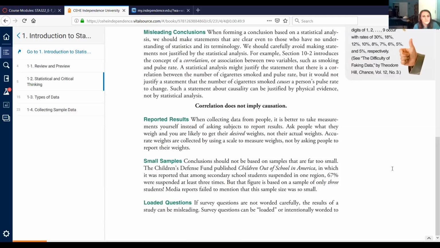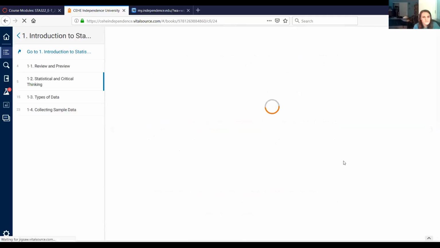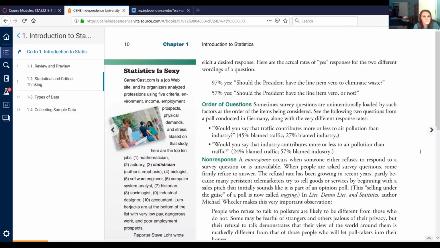And so these intentionally worded questions can be pretty subtle. This particular example shows the rates of yes responses to two distinctly different wordings of a question. Should presidents have the line item veto to eliminate waste? 97% of the respondents said yes. But if you ask a different question, should the president have the line item veto or not, only 57% said yes.